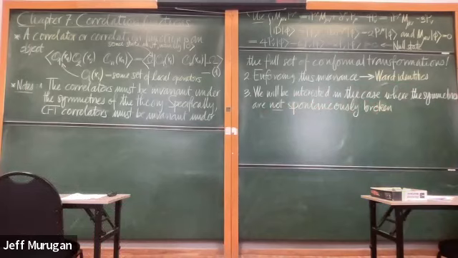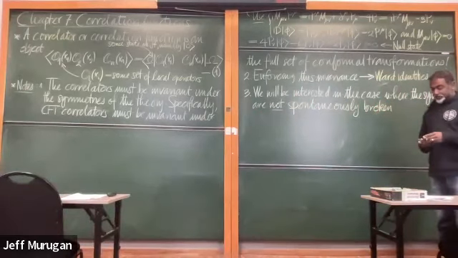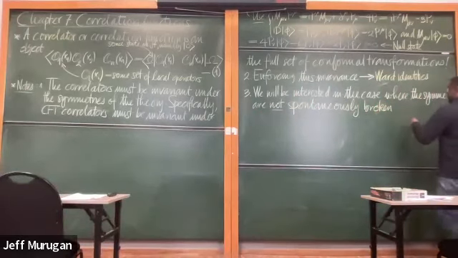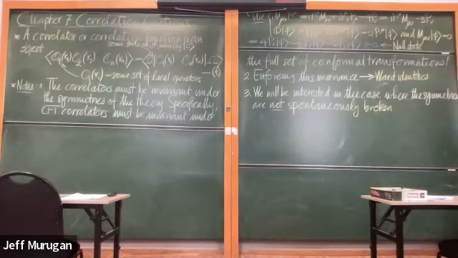So what this means is that for any transformation g of my symmetry group, the vacuum state of the theory is invariant under the action of some representation of g in the Fock space.